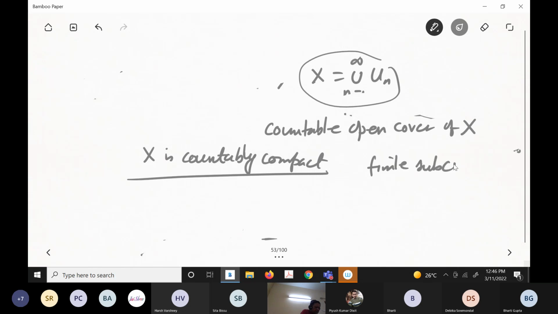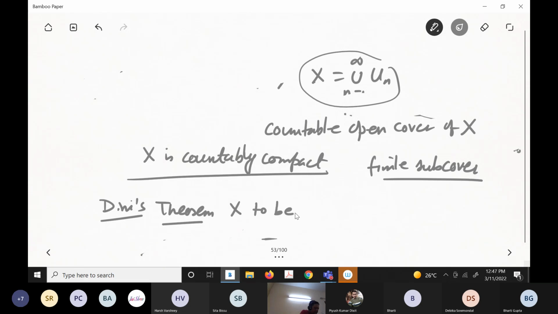That means in this theorem, Dini's theorem, I will tell you more actually. Let me see, if I have an e-copy of my paper, I will give you that: Dini's theorem, Stone-Weierstrass theorem, finite subcover. So in Dini's theorem you need X to be countably compact.